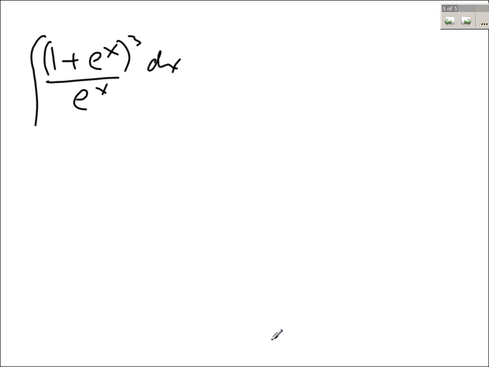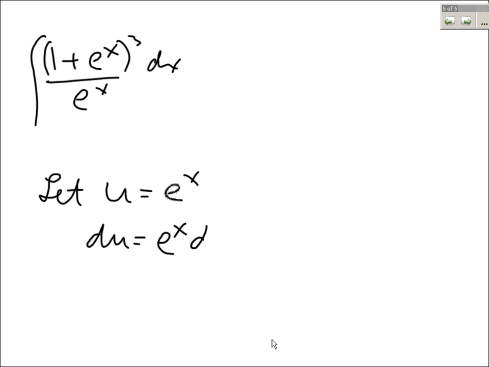Interesting. Okay, suppose you let u equal e to the x. Well then du will be e to the x dx.